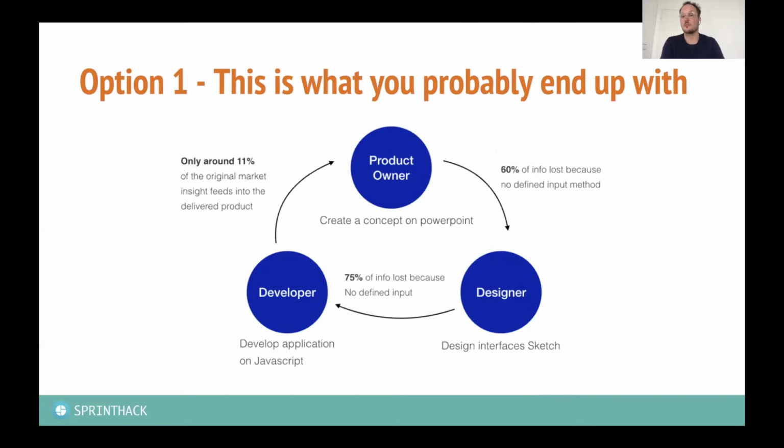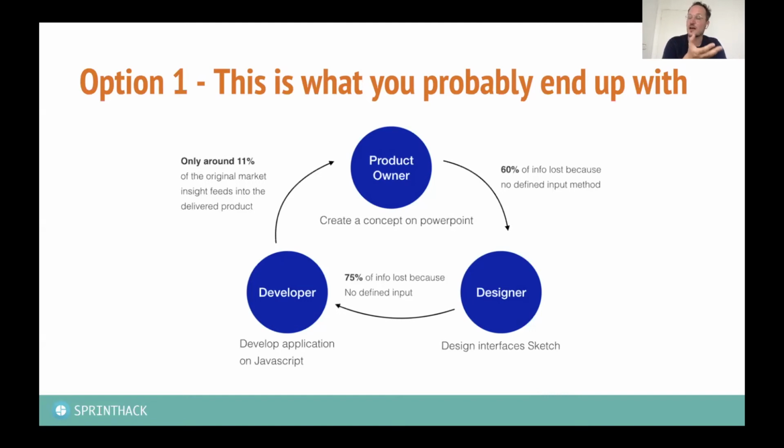What you end up with probably is this. You end up in a loop that focuses on the roles, and each role communicates within the loop with their own methods, unstructured, and maybe losing a big part of the defined data.